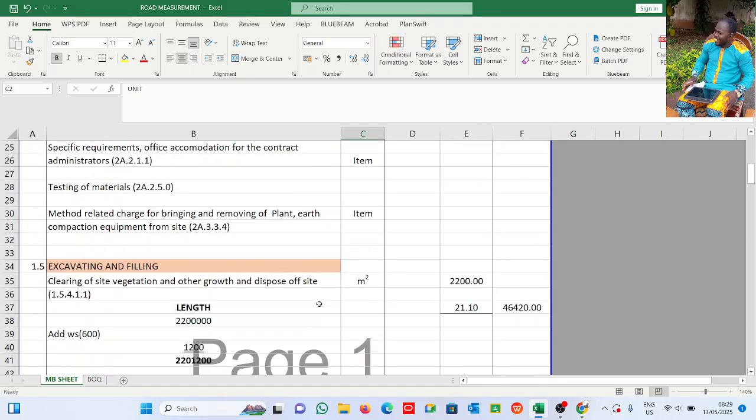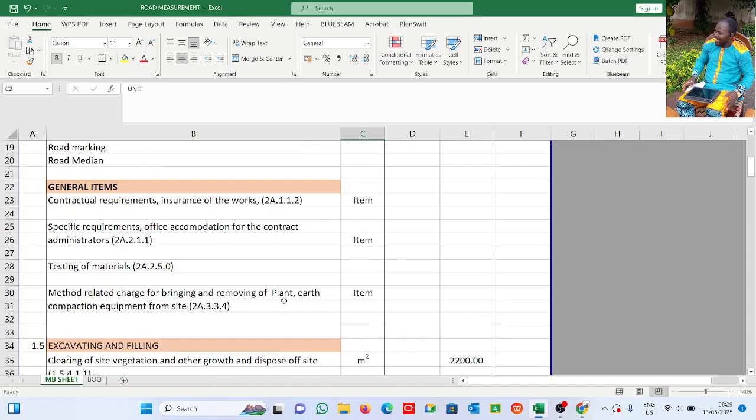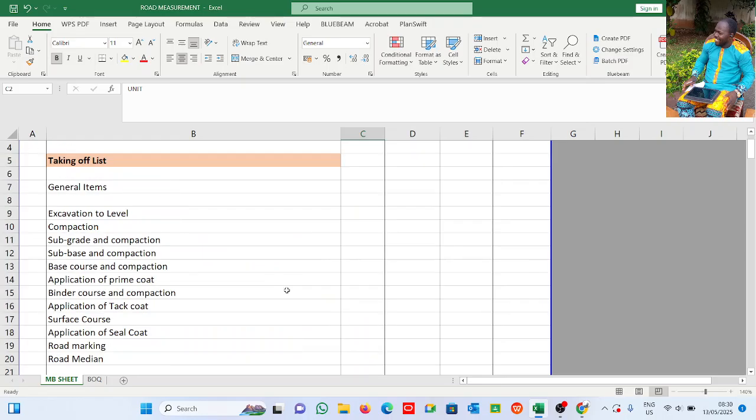Every unit of the item has to be stated for exam purposes.